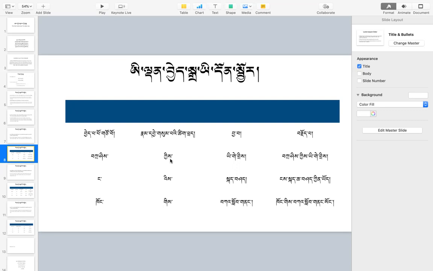All of you who have joined me for the last grammar class know why, because we already discussed the association based on the suffix letter. Since the suffix letter is sa, we are using ki. And then the action is higiti, to write something, to write a letter or a word, depending on the context. So tashi ki higiti: tashi wrote a letter, or tashi wrote a word, or tashi wrote a letter to send to someone.